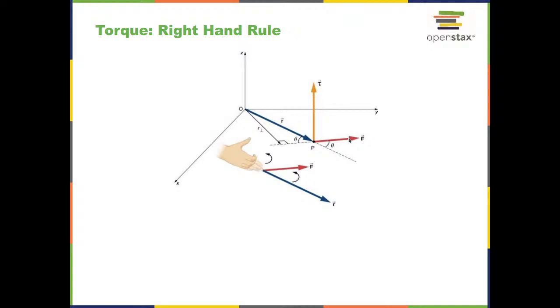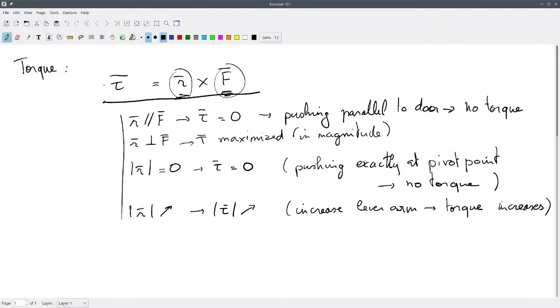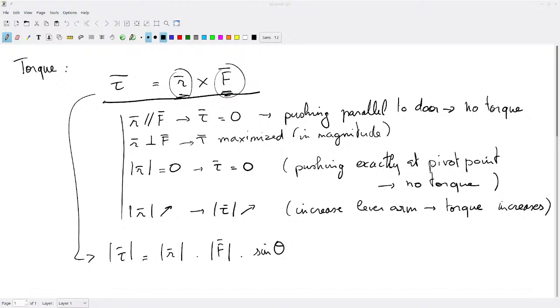So now let's look a little bit more at this r perpendicular. That's the distance from the axis to the line of action, the line along which the force applies. So that's one way to write this expression differently. We can write the magnitude of the torque as the magnitude of r times the magnitude of F times the sine of theta, where theta is the angle between the force and the vector from the axis to the point where the force applies.